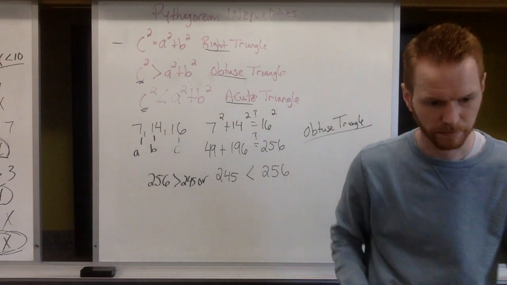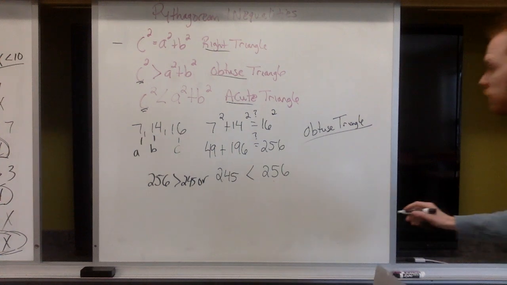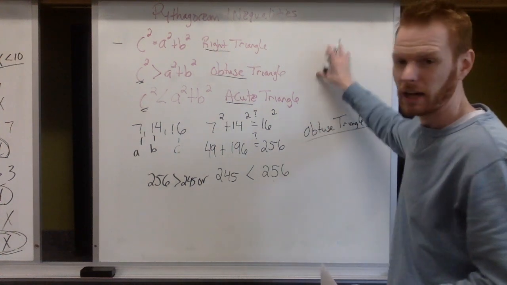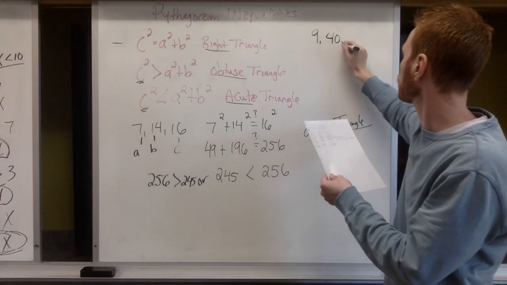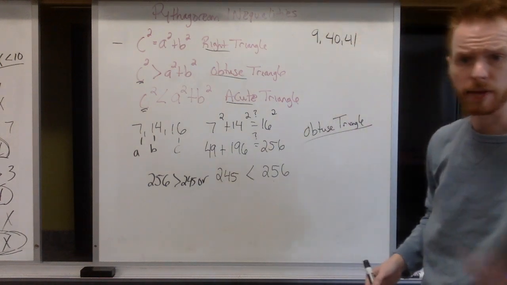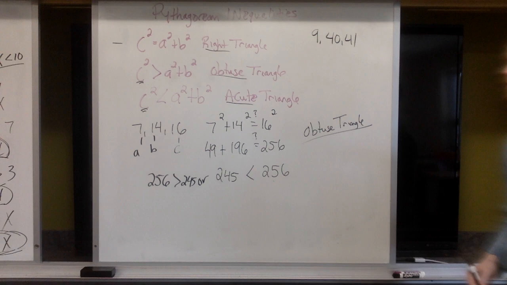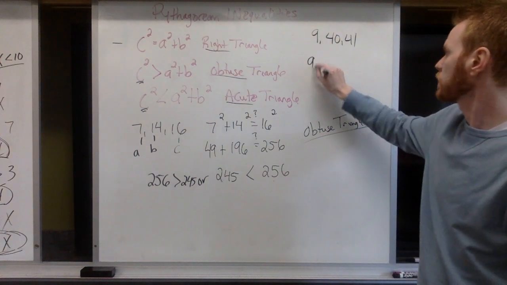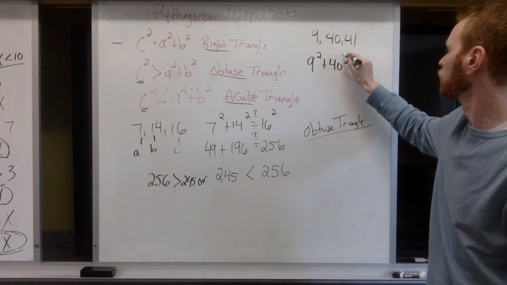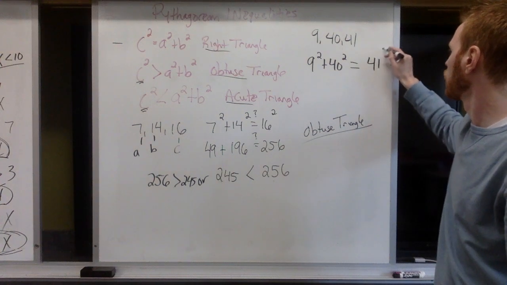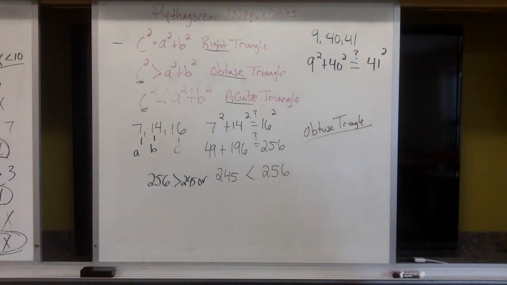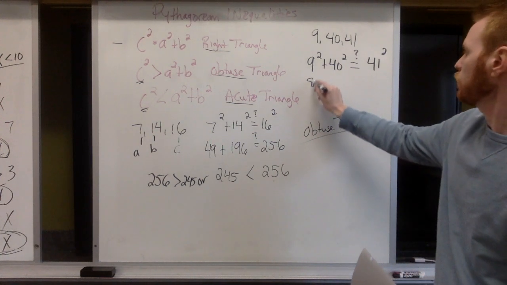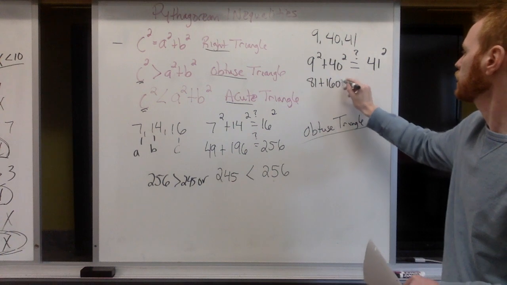Let's do one more example. Let's try, and I'm going to put it up here, 9, 40, and 41. I have those three measurements, and I want to see what type of triangle we have. So let's use Pythagorean theorem. And once again, I'm going to put a little question mark there because I don't know if it truly is equal to each other. So we have 81 plus 1600.